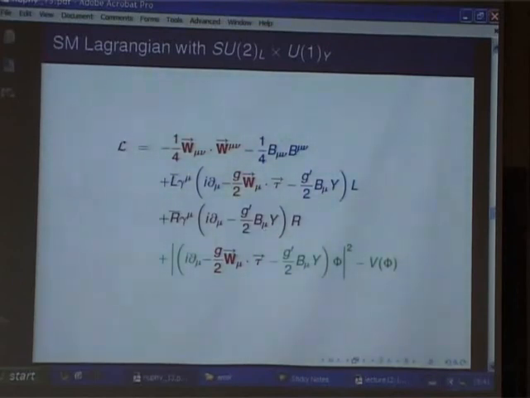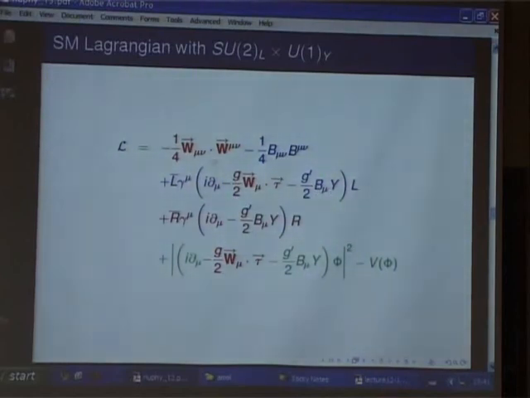So therefore, now that we know how the Lagrangian is constructed, not referring to a book, we should be able to write the Lagrangian down in these steps. How we do it is first write down the kinetic terms from here, add U(1). U(1) means you add these B mu terms.